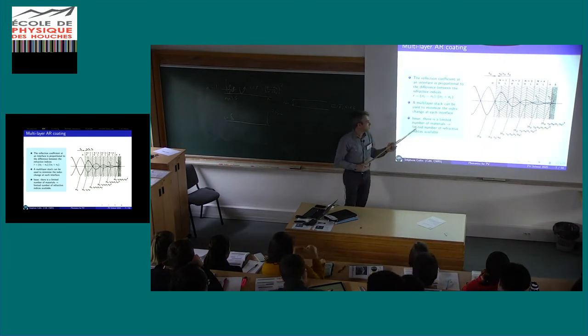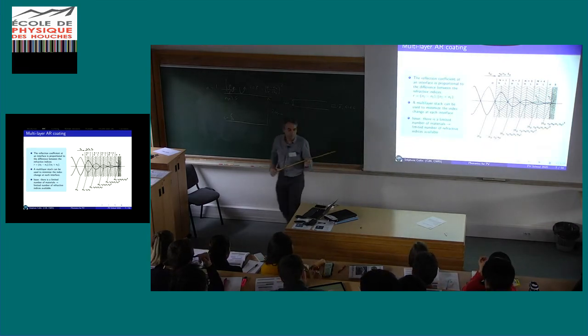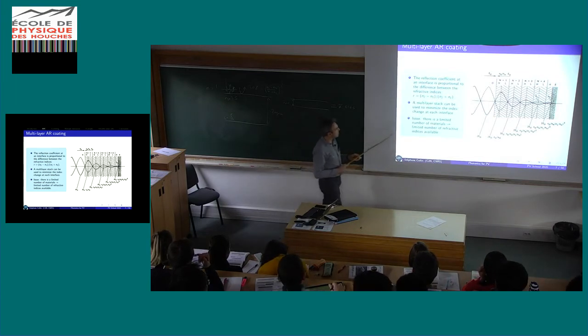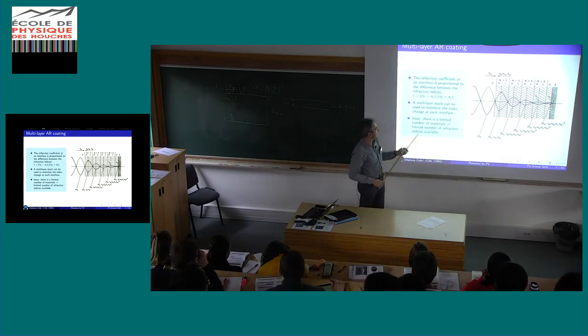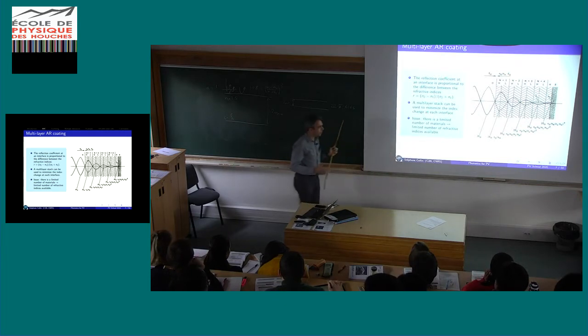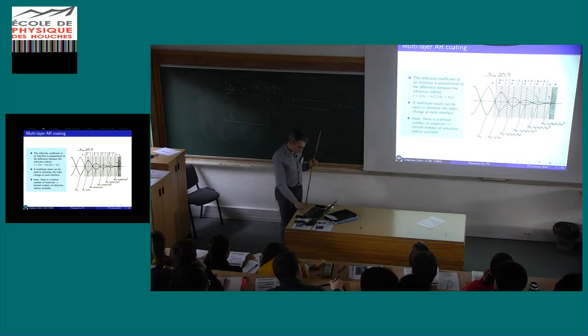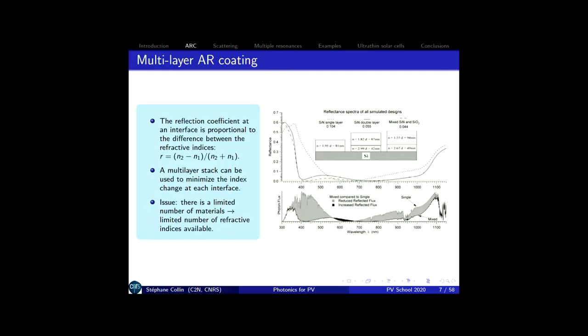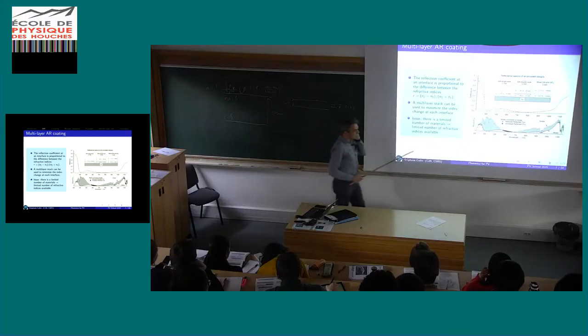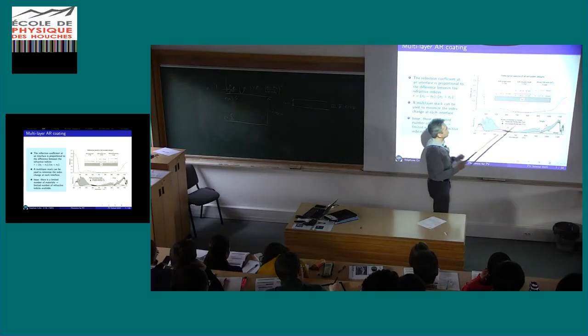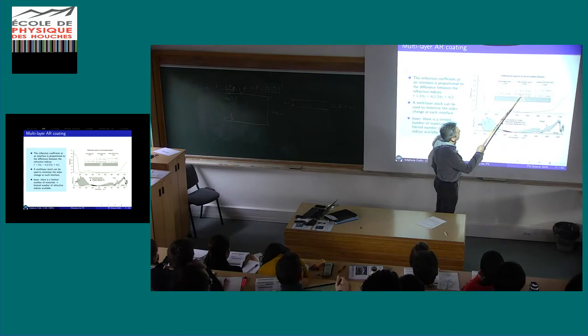But there is a limited number of materials. And so it's not so easy to have exactly the refractive index you want for each material if you use bulk materials available. So what you can do at least, and what is usually used in conventional solar cells, is to use two layers for this anti-reflection coating.